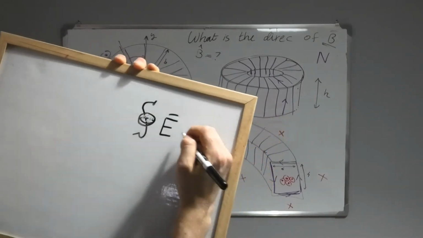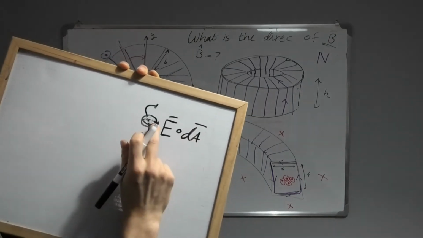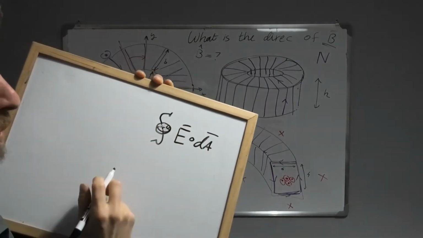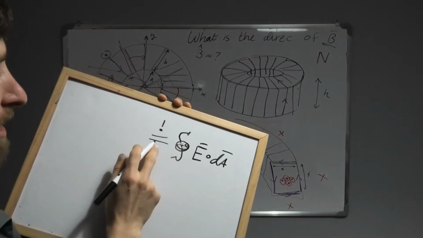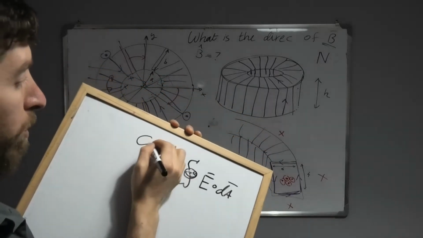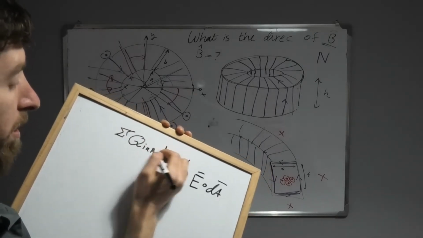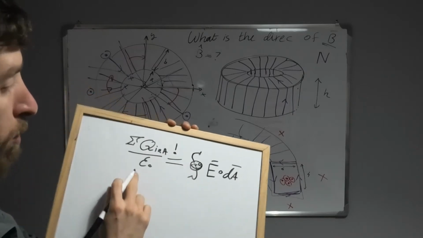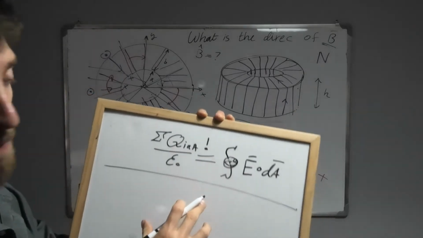I do a dot product with dA, and what is dA? dA is the element of the surface of this volume, and Gauss's law states that this must be equal to the sum of the charge inside A, divided by some constant. This was Gauss's law. Now we're going to draw Ampere's law.